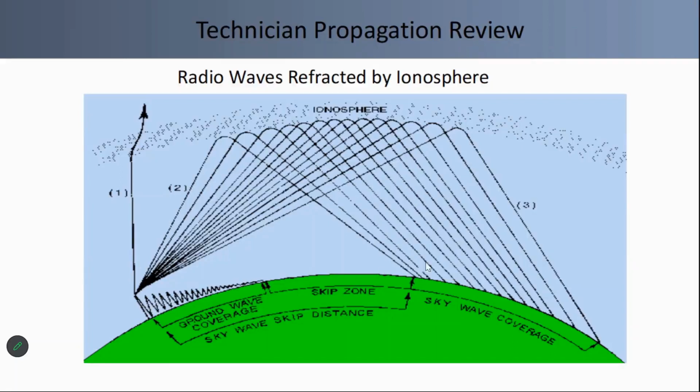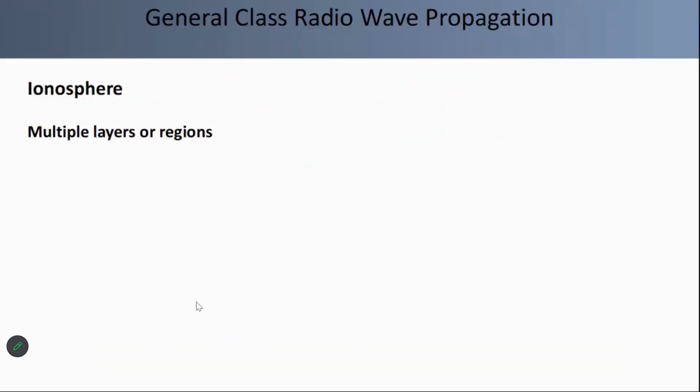This is that skip zone where the signals are flying right overhead, and that distance there would be the hop. The ionosphere actually consists of several layers or regions. They tend to be between 50 and 250 miles in altitude.